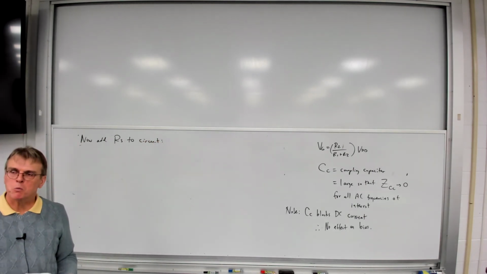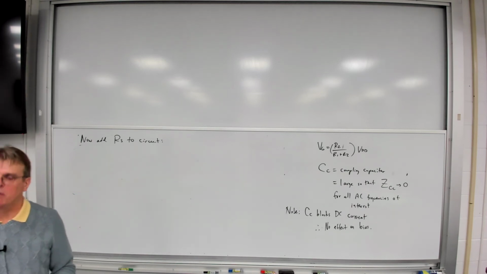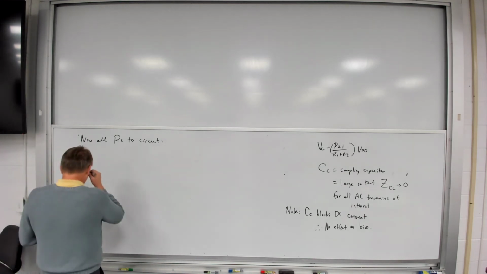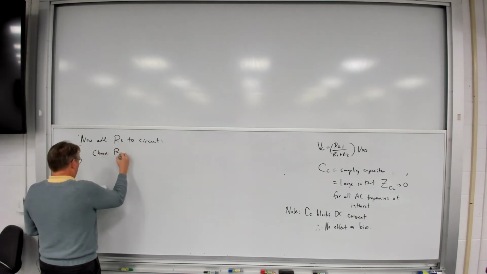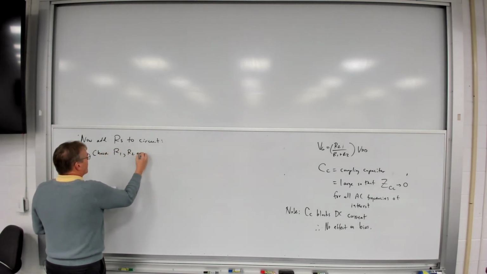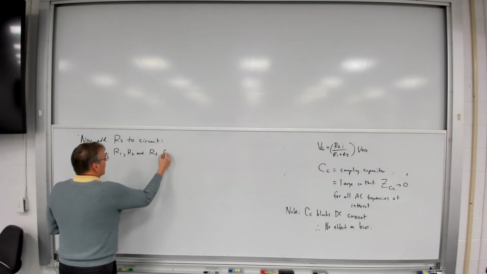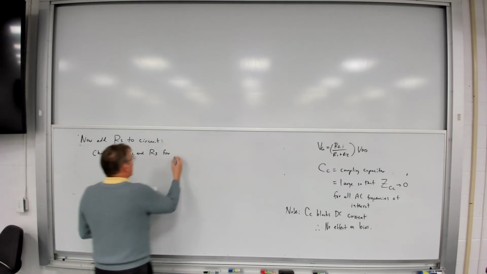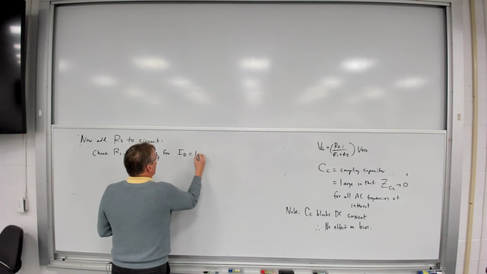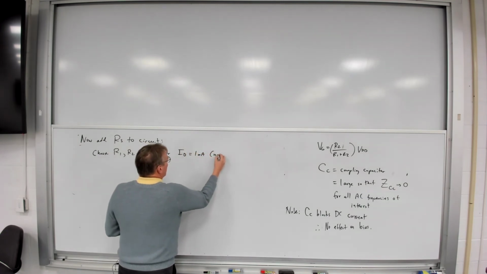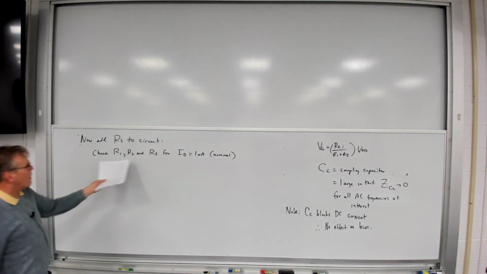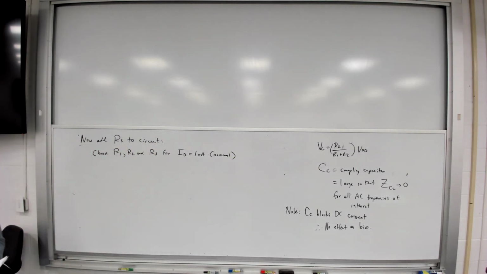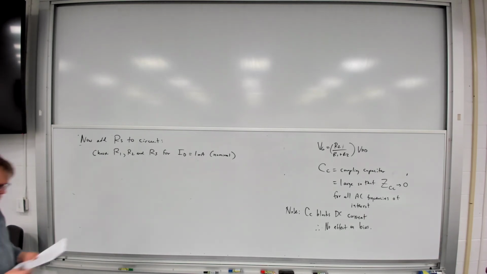In order to make this work, we have to make some adjustments to the component values. So let's choose R1, R2, and RS such that we still get a nominal value of ID equal to 1 milliamp. I'm going to pick some values to make that happen.